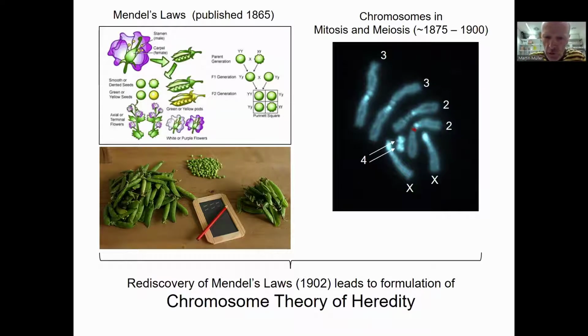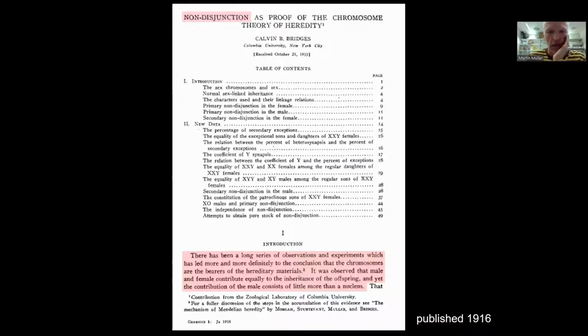So I briefly mentioned to you that it was not clear at all what the chromosomes are doing, and then at one point people realized that Mendel's formalism and the behavior of chromosomes during mitosis and meiosis was kind of suggesting that the chromosomes could be the bearers of the hereditary material. And this non-disjunction experiment was part of this paper by Bridges, and the title is Non-Disjunction as a Proof of the Chromosome Theory of Heredity.